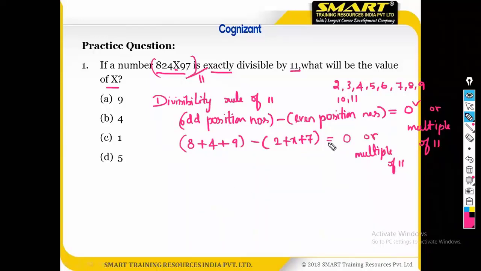By using 0, we can easily find the value of x. So here it is 21 minus 14, 9 minus x. Let it be 0 or a multiple of 11. If it is a multiple of 11, we have to include a constant. So let me take 0 itself.